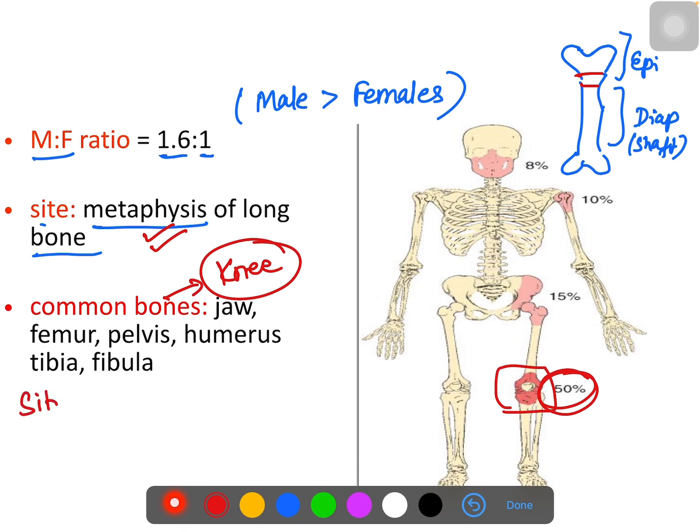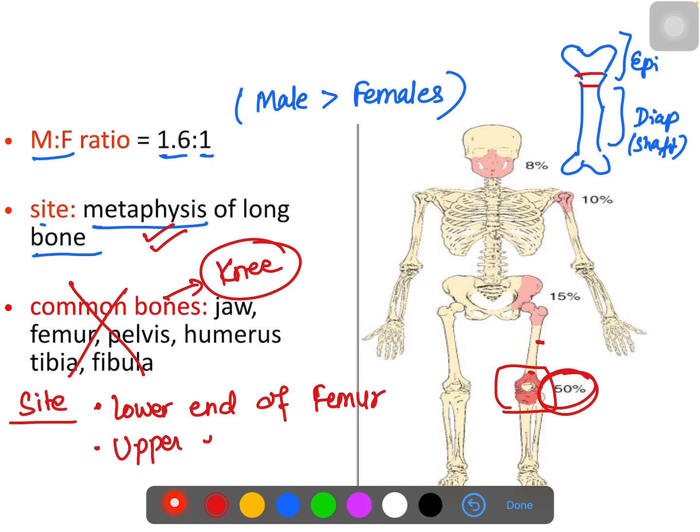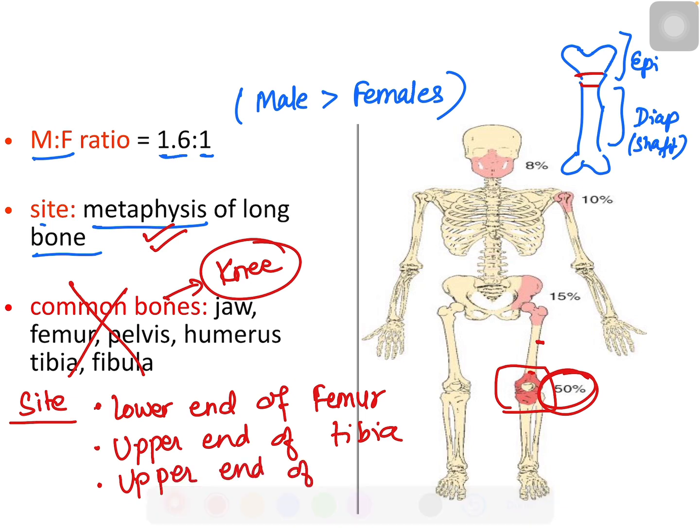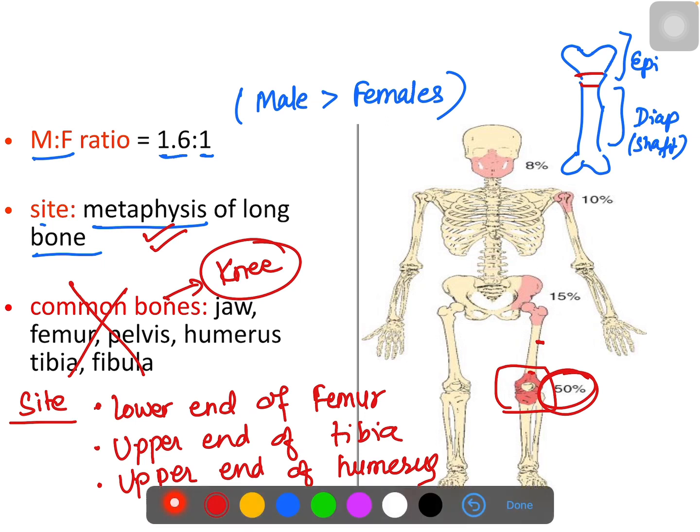So if you talk about the site of occurrence of osteosarcoma, it is the lower end of the femur, the upper end of the tibia, and even the upper end of the humerus. So the sites are the lower end of femur, upper end of tibia, and upper end of humerus, where the most common is this one. Just remember femur, tibia, and humerus.